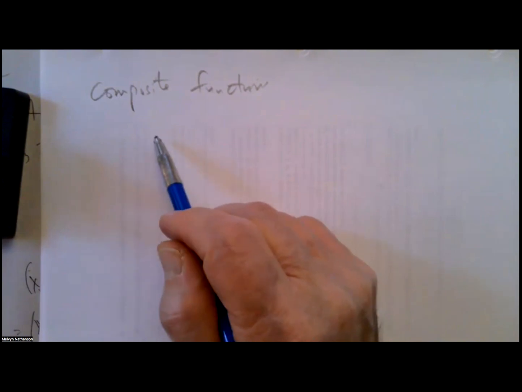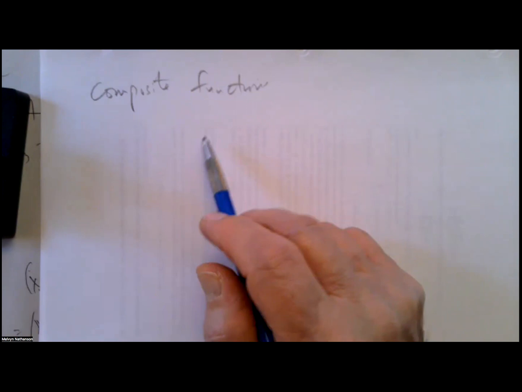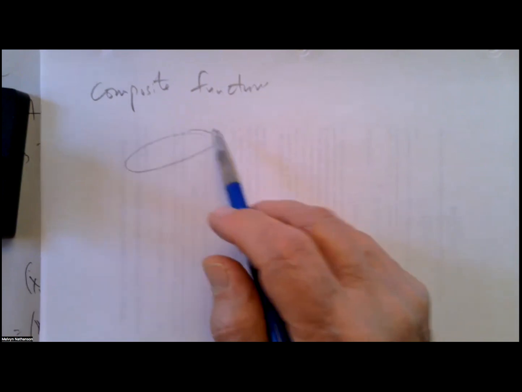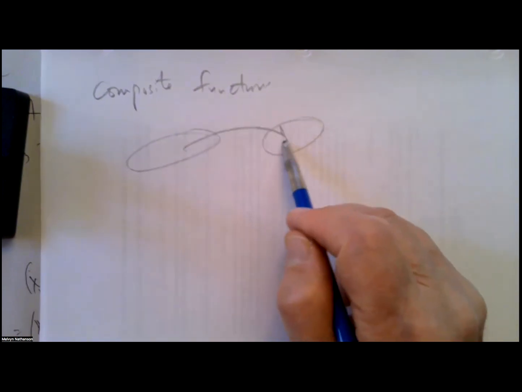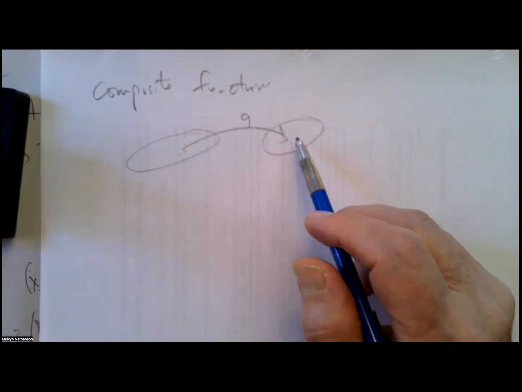So you might have some set of numbers, some function g that goes from here to here.